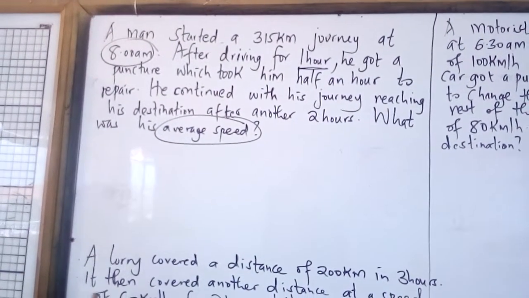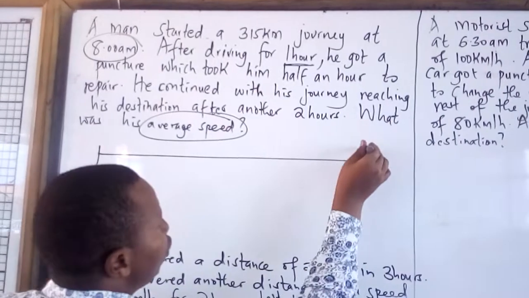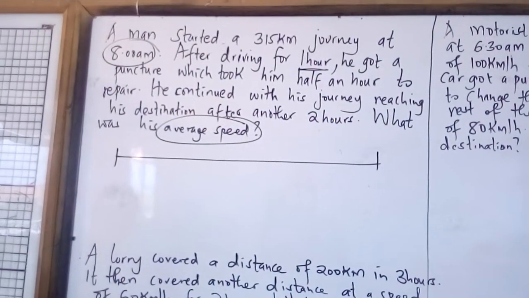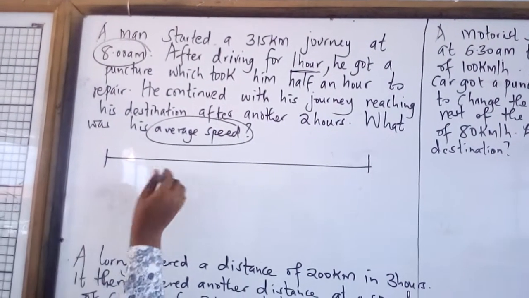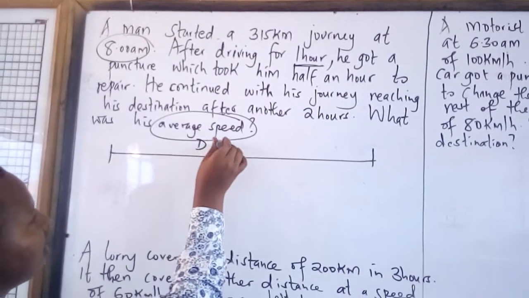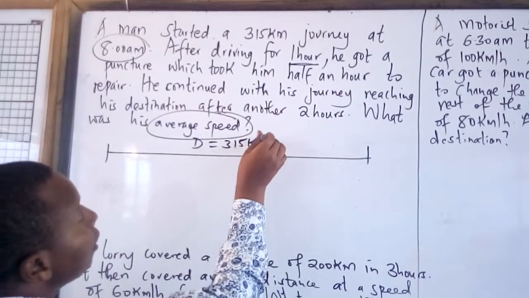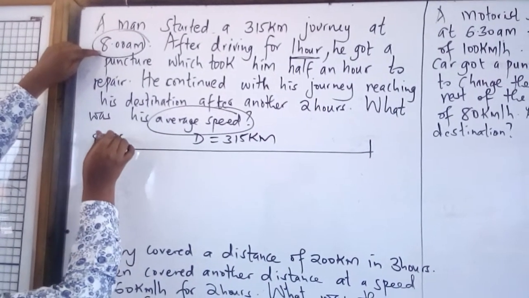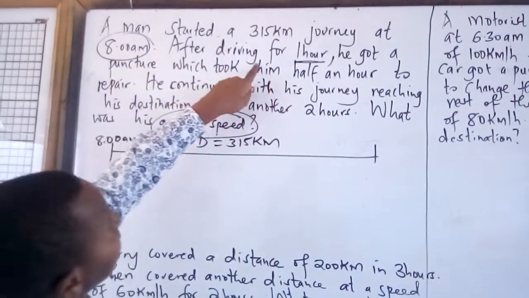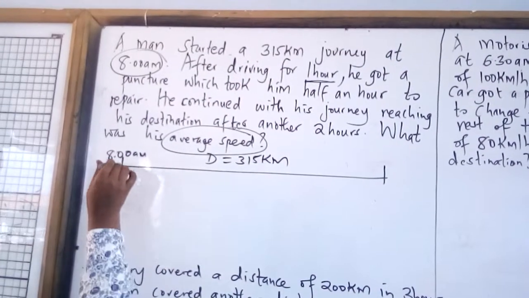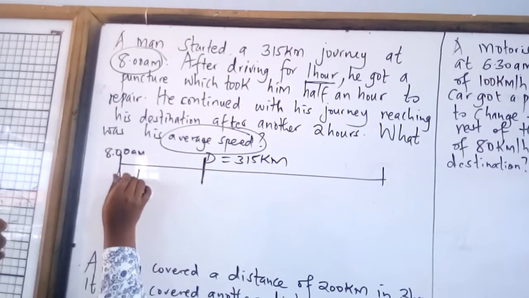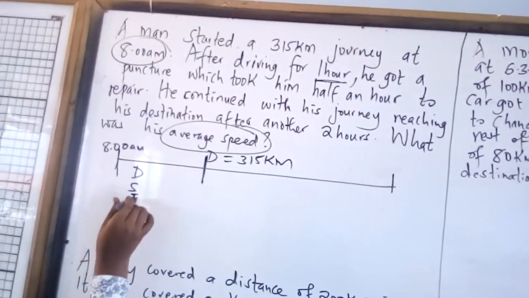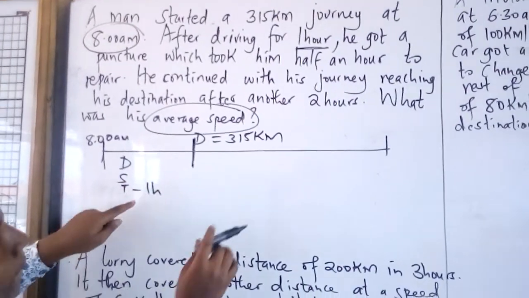His average speed. So, in such a question, you represent the information using a line. We are told the journey here, this distance is 315 kilometers. The person started the journey at 8 a.m. After driving for 1 hour, let's say from here to a certain point, the time we are given is 1 hour.